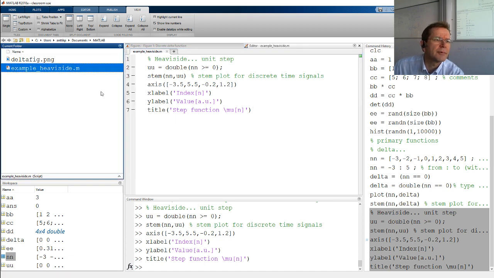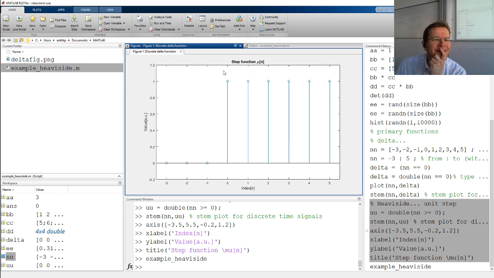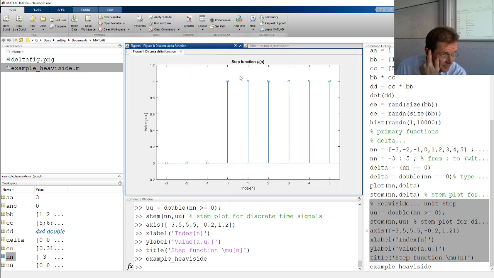Ah, sorry. Not open, but run. Example Heaviside. Where did the figure go? Oh, there. Ah, sorry. Oh, yeah, these are the docked kind of things. They are always kind of cumbersome. Okay.